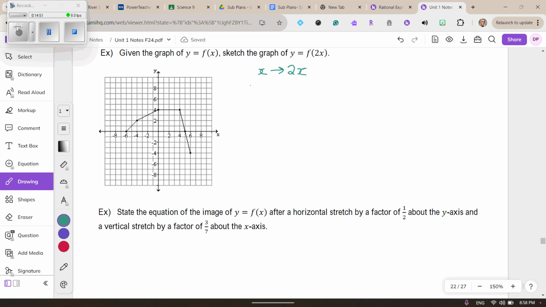If x was replaced with 2x, I know that we are dealing with a horizontal stretch.